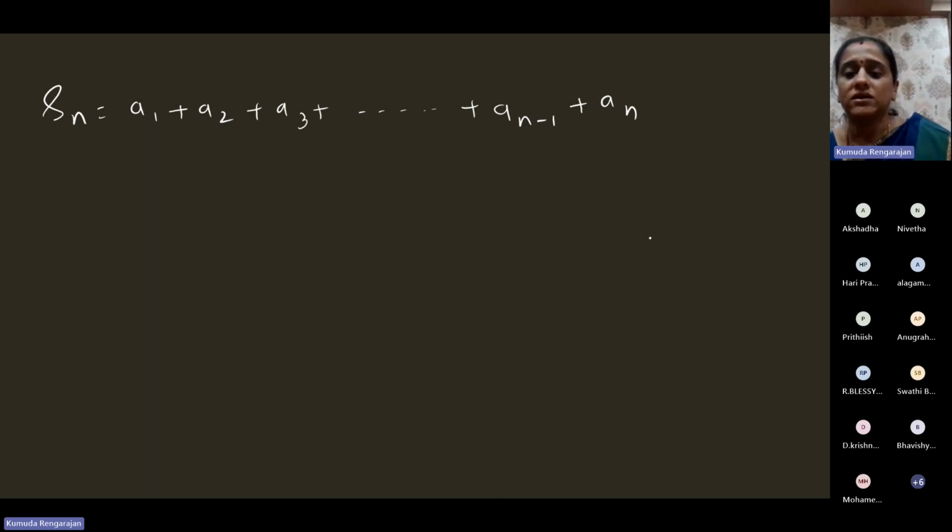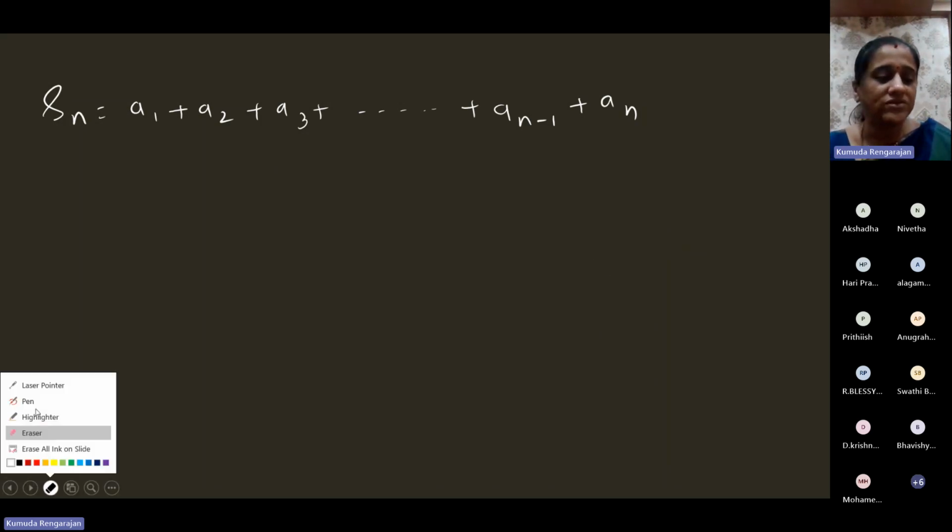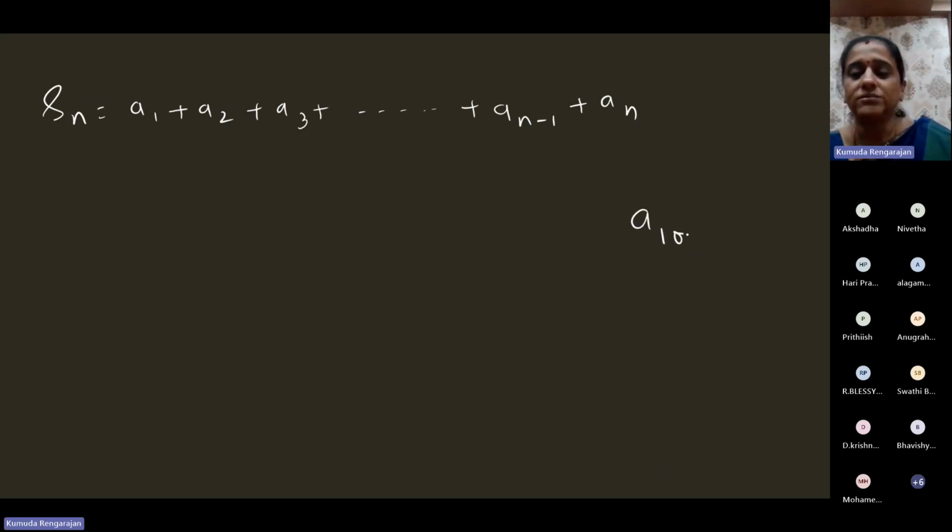Say A100. What's the term before that? A99. How do you get 99? 100 minus 1, right? An and An minus 1 is the term before that. The term before A100 is A99.